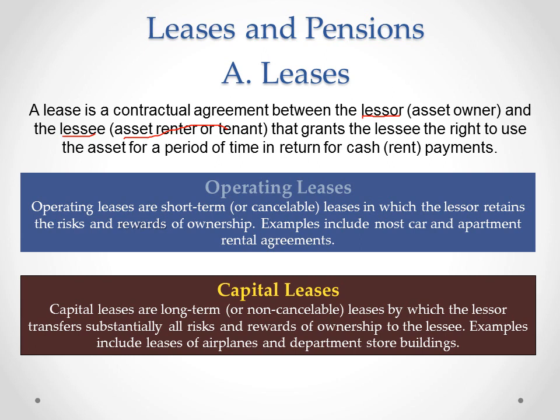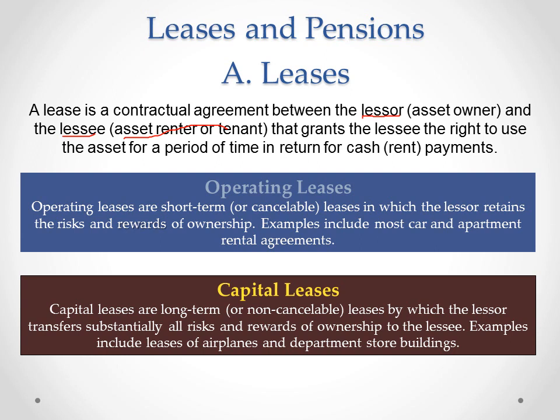If anything happens to this apartment, the owner will bear this risk. This is what we mean by the owner retaining the risk and reward of ownership. And at any time, he can cancel this contract as long as it's short term. So that is the first type.